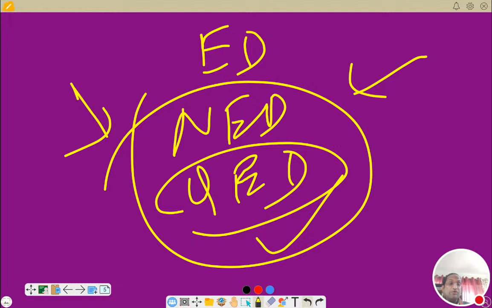In terms of QED, quasi-experimental design, which is the hallmark, the backbone of most behavioral science research, randomization is not possible. That is why it is not possible to effectively control the EV, external variable.